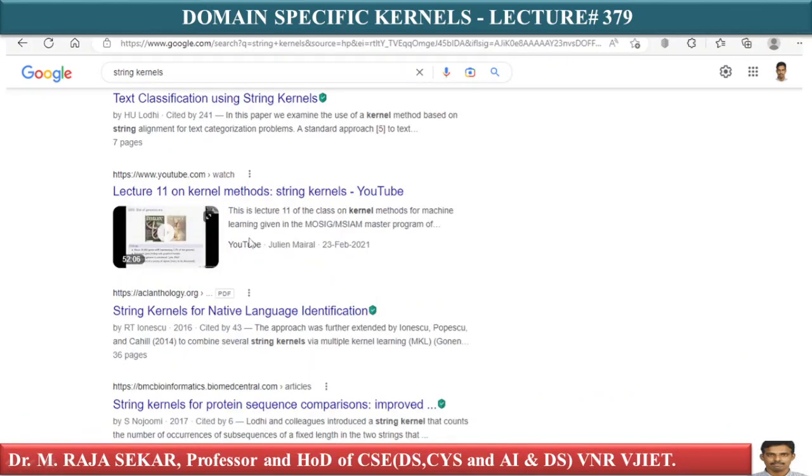Just see, for example, here you have so many articles. This one is string kernels for native language identification, and string kernels for protein sequence comparison. You can see a bunch of articles, text classification using string kernels. Similarly, you can see other articles.